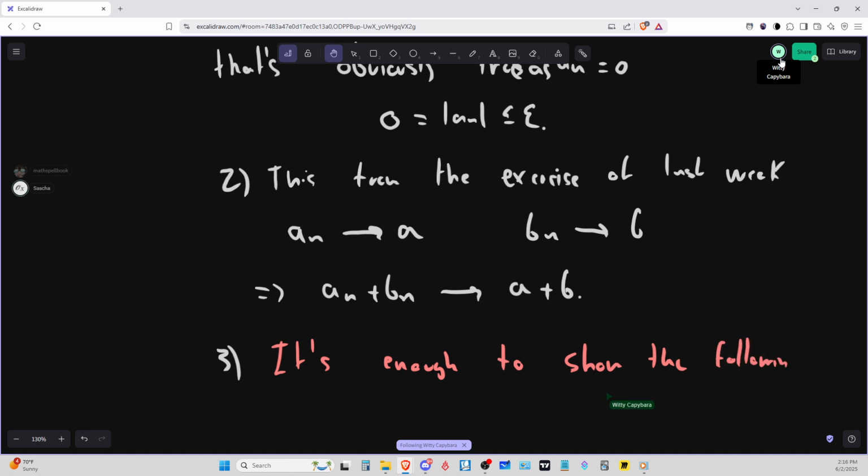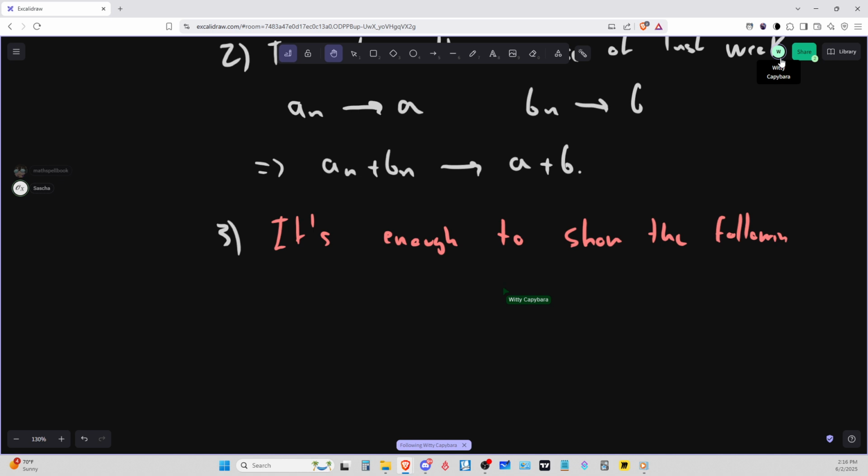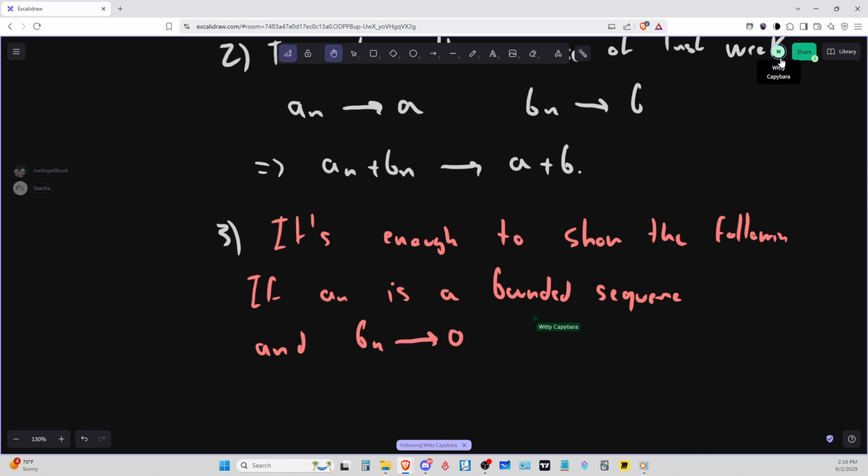Actually, the thing I will write in red is the thing you're going to have to prove in this week's exercise sheet. If a_n is a bounded sequence, and b_n is a sequence that converges to 0, then a_n times b_n is also converging to 0.